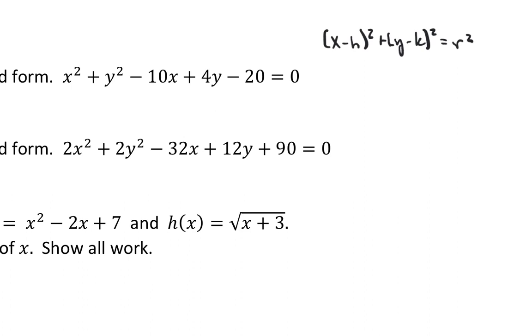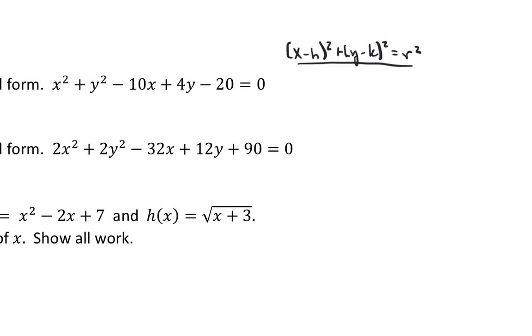Now to do that here, we have an x squared and a y squared term, but we also have an x and a y. So what we want to do here is try and complete the square to get it into this form. All right, so first I'm going to rearrange this a little bit. It's going to be x squared minus 10x plus y squared plus 4y minus 20 is equal to 0.